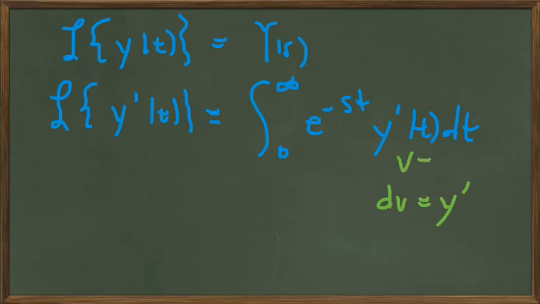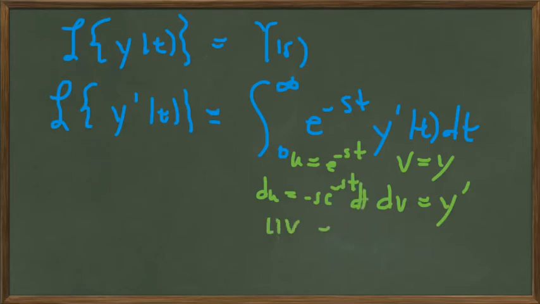We integrate dv and get v, which is y. We're going to designate u as e to the minus st, and du would then of course be minus s times e to the minus st dt. So the parts formula is uv minus the integral of v du.